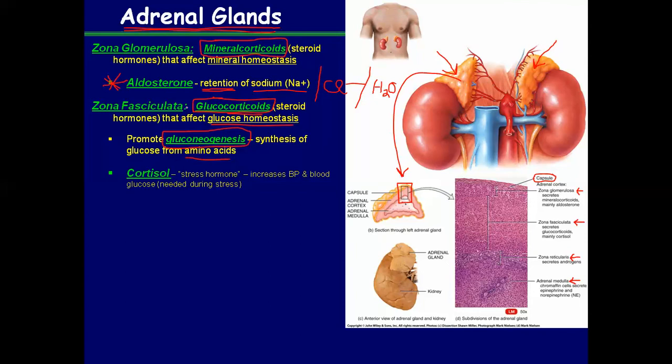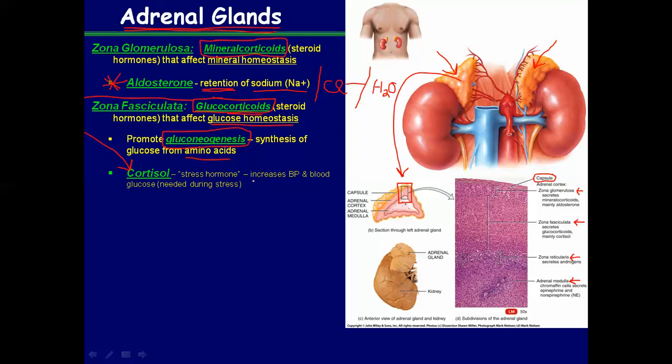So the number one glucocorticoid is cortisol. So cortisol is a steroid hormone. It's often referred to as a stress hormone, so it's produced when the body's under a certain type of stress. Cortisol does a number of things, so we're going to talk about three major functions of cortisol.